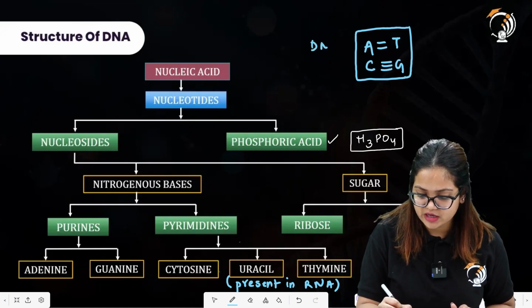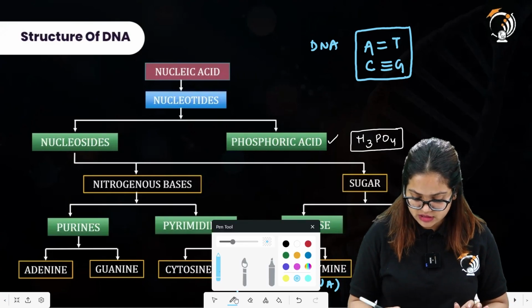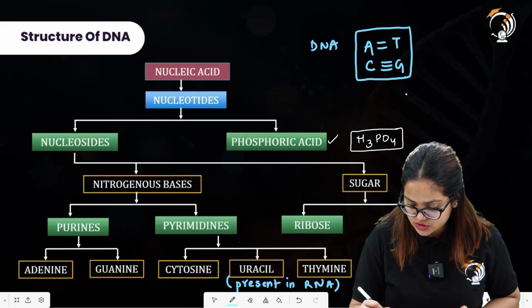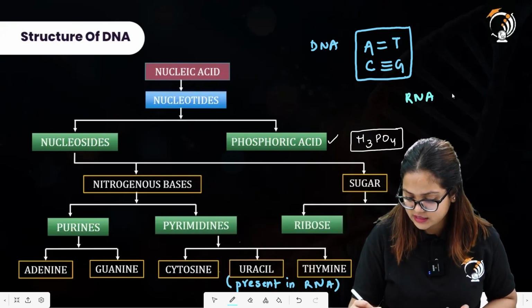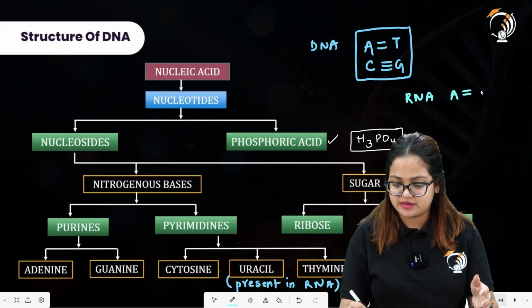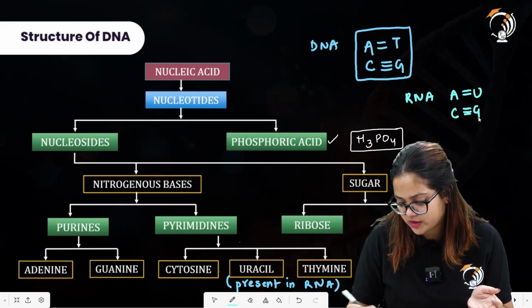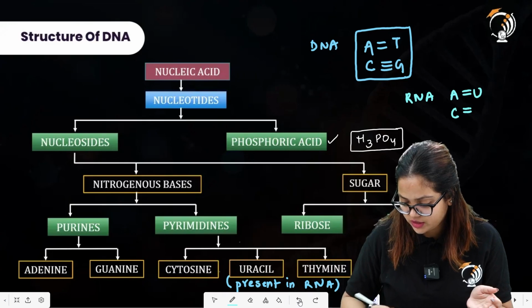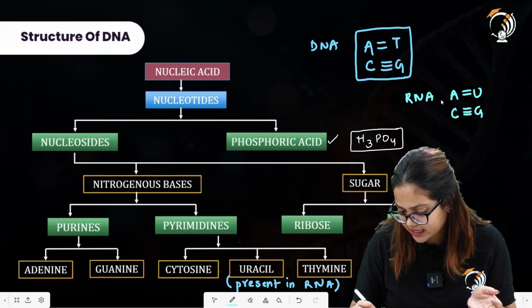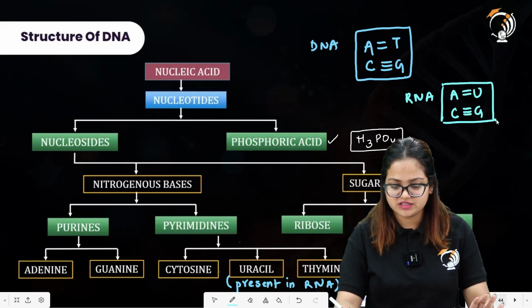And what is different whenever we're talking about RNA? RNA has binding of adenine with uracil in place of thymine, and the cytosine still binds to guanine. So this is the kind of bonding in RNA. These are the hydrogen bonds. All right, I hope this is understood.